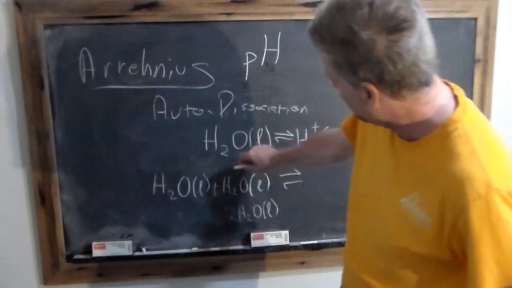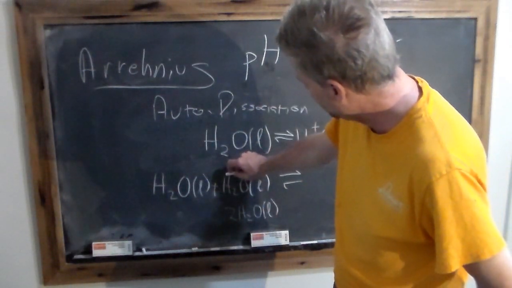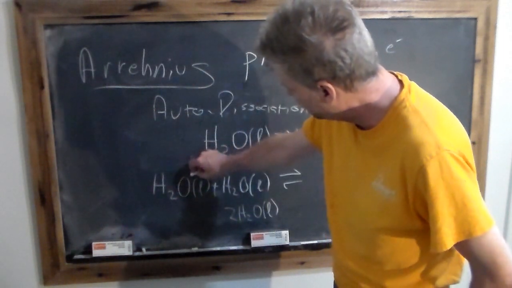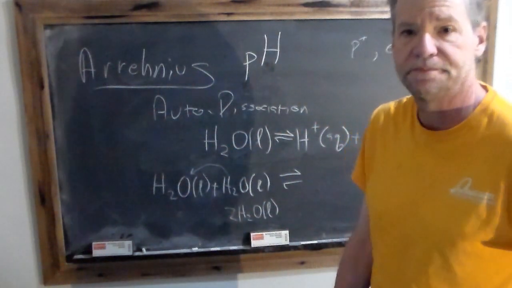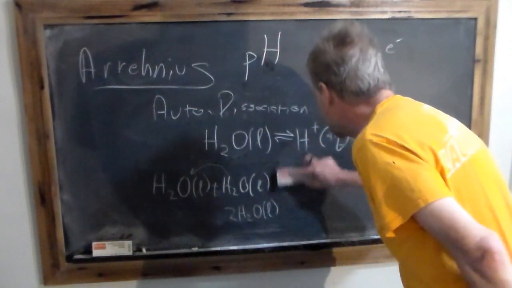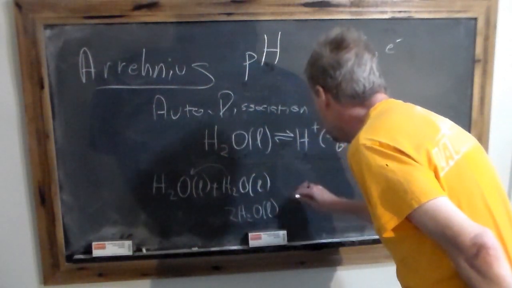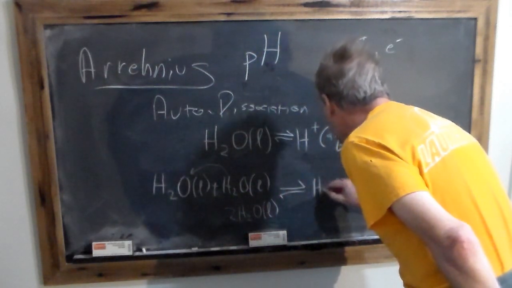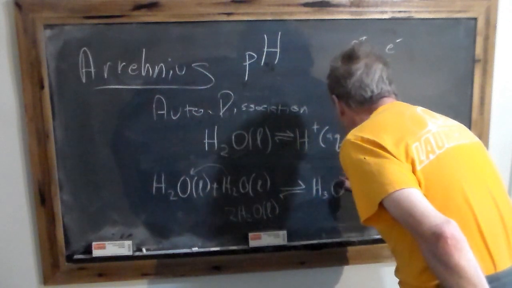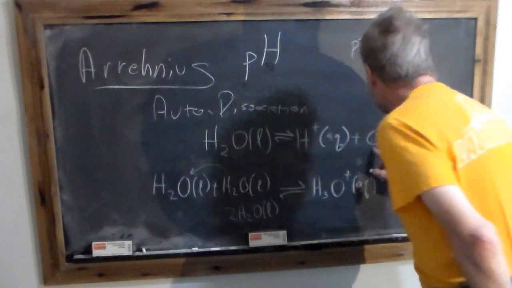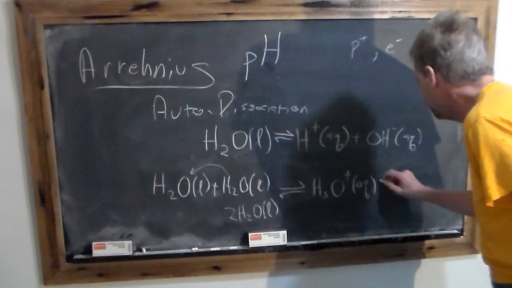What's happening? Well, the hydrogen ion from one of these waters is going to go and associate itself with the oxygen of the other one. So it's going to form H3O+, and you're still left with that hydroxide ion.